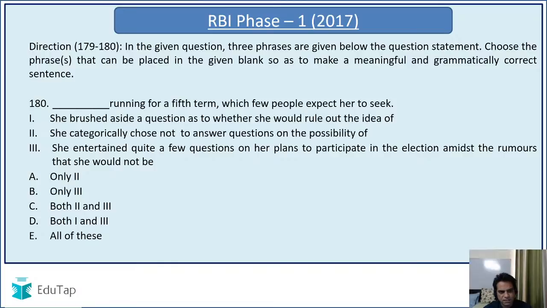And she entertained quite a few questions on her plans to participate in the election amidst the rumors that she would not be running for a fifth term, which few people expect her to seek. Yes, guys. So which out of these 3 options do you think is or are correct?